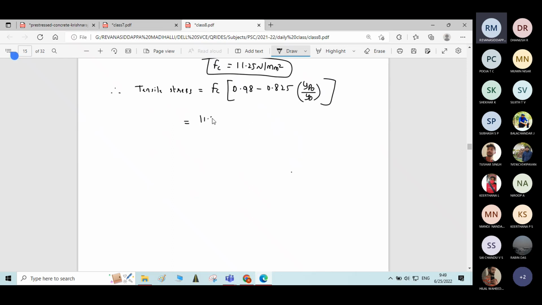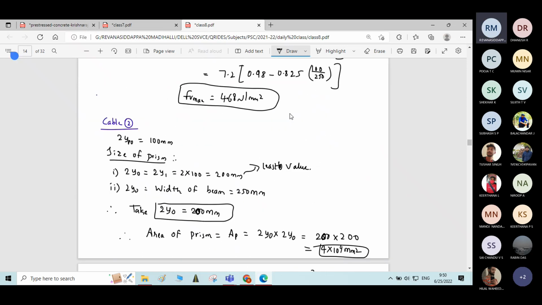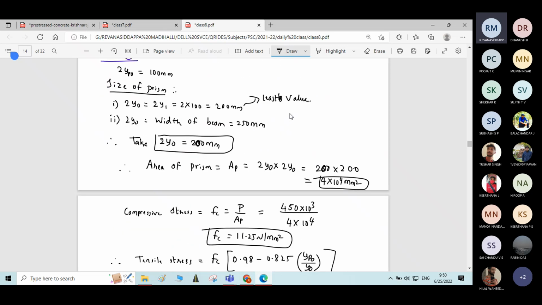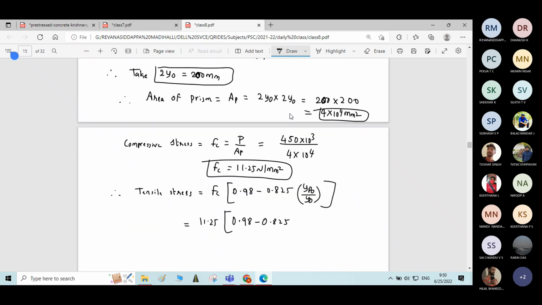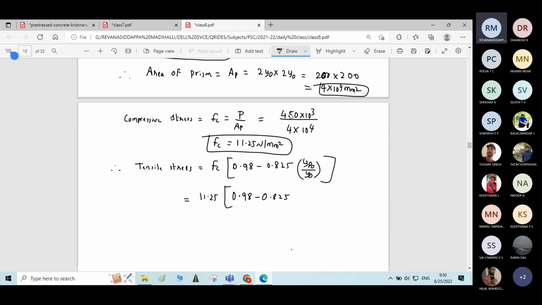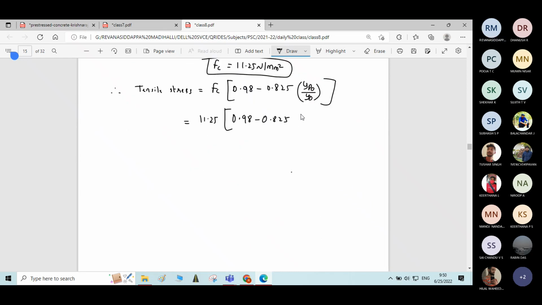FC is 11.25 into 0.98 minus 0.825, yp naught is 100 and y naught is 200, 100 by 200. Therefore, the answer is Ft max is equal to 6.38 Newton per mm square.